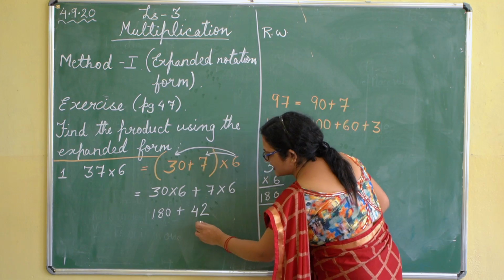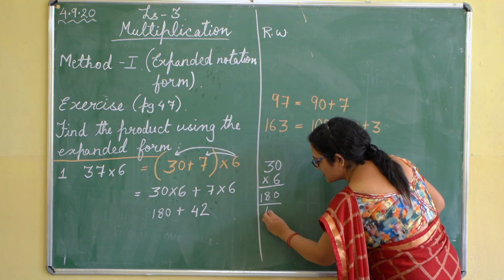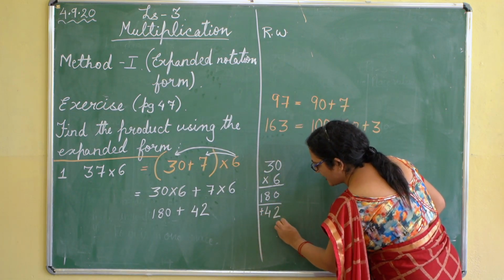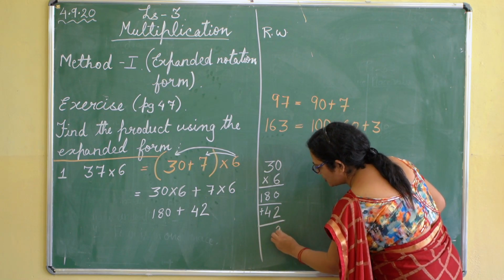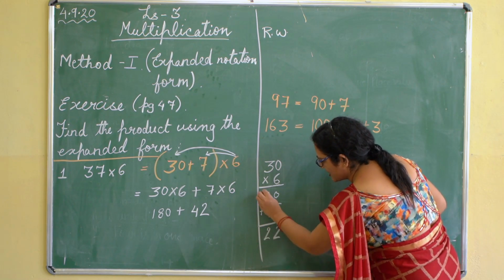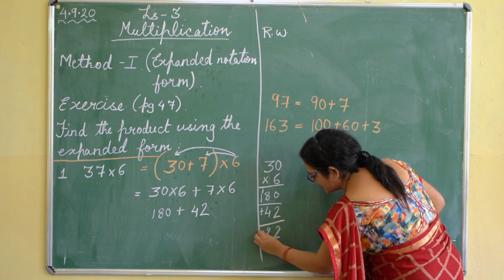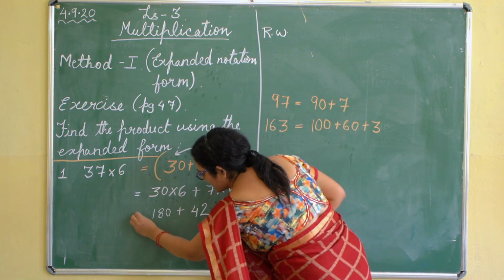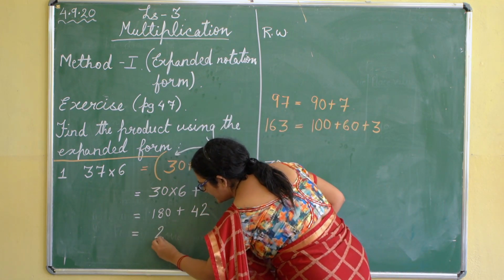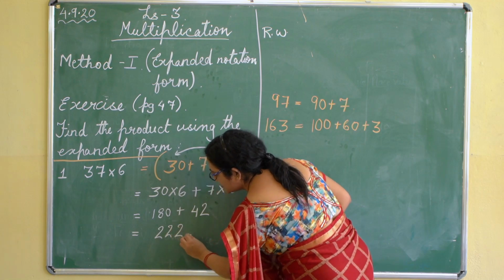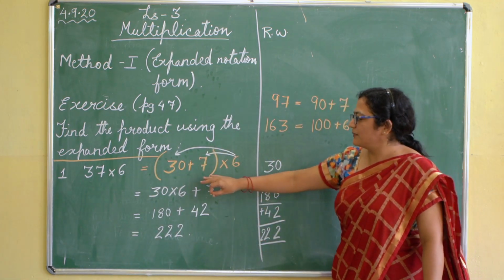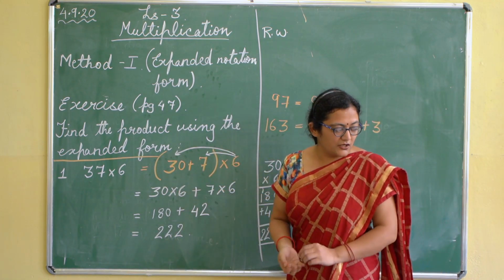Now we'll add both numbers, 180 plus 42. In addition, 0 plus 2 is 2, 8 plus 4 is 12, carry over 1, 1 plus 1 is 2. So your answer came 222. Understood? This is how you do multiplication by expanded notation.